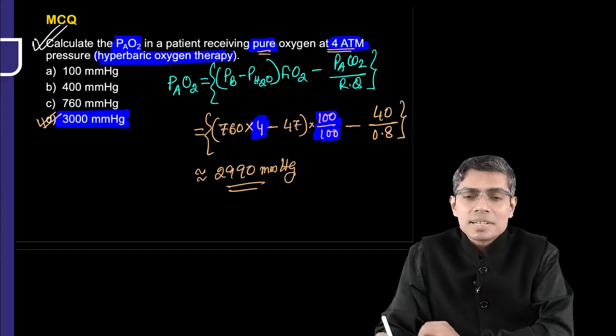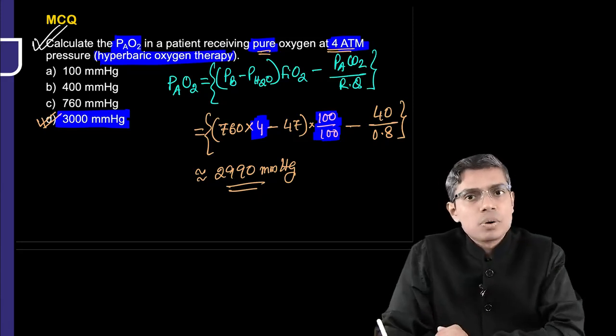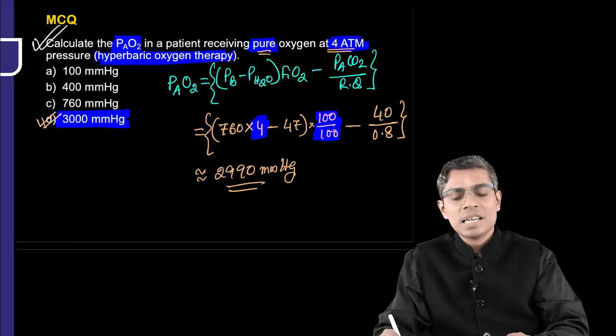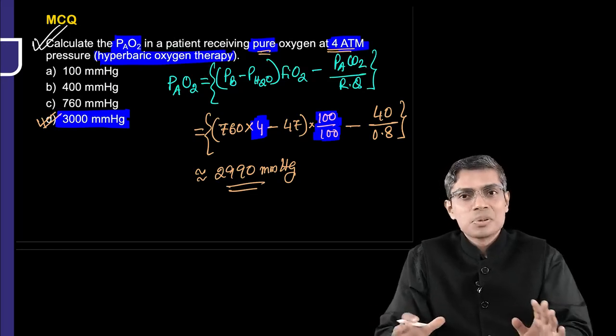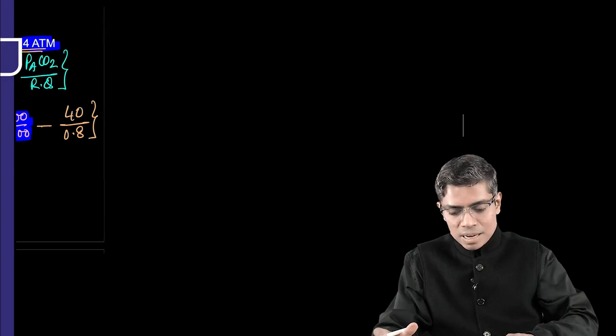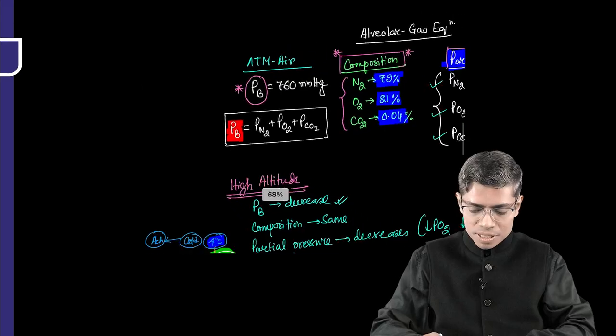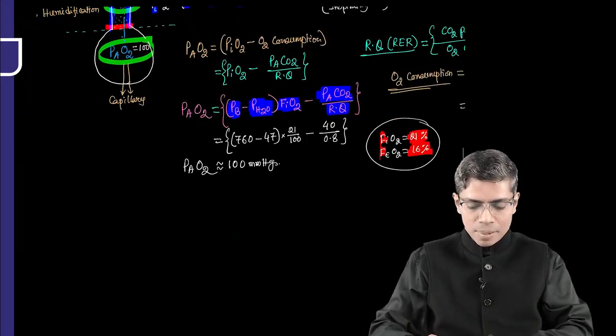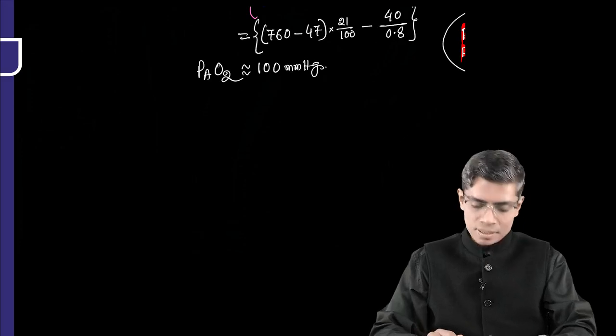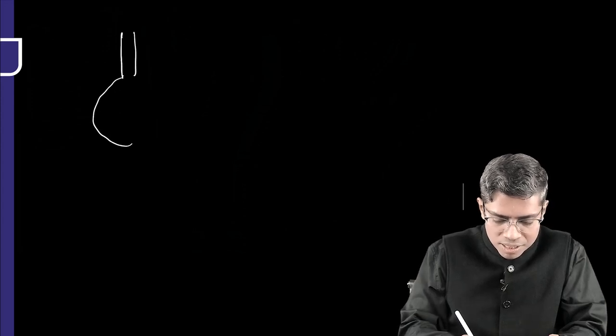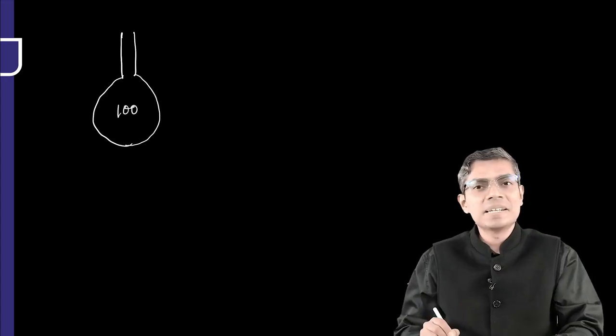Okay, so how to calculate that we will be discussing in the next chapter, the oxygen transport chapter. But before that, you understand the remaining phenomena, right? So what we have discussed so far is how to calculate the partial pressure of oxygen at the level of alveoli by this formula, right? So far we came to know that partial pressure of oxygen at the level of alveoli is 100, again and again.